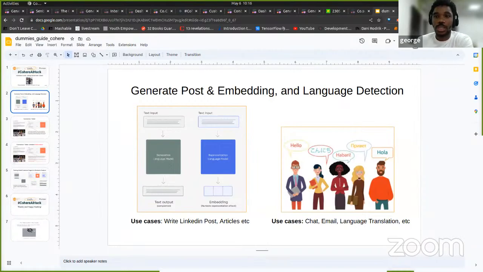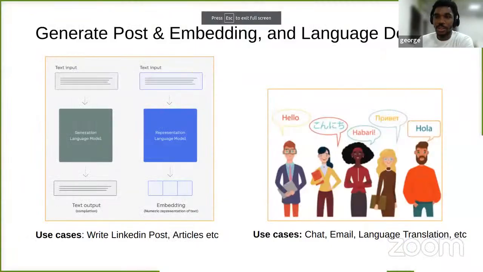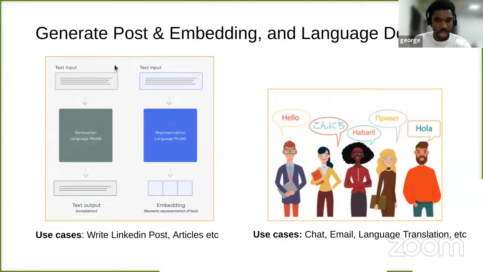Going back to what I said earlier, there are different things to do with this. One very important thing you can do is generate posts, which is what I did earlier, right? When you are generating posts, you can provide a prompt or text input, such as write a blog post or write a body paragraph saying something about promotion in 2023.